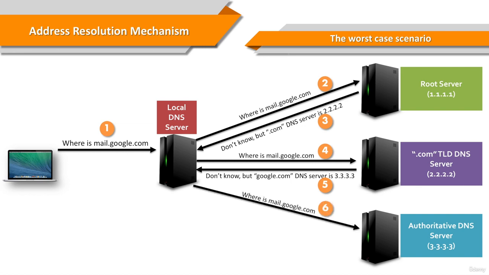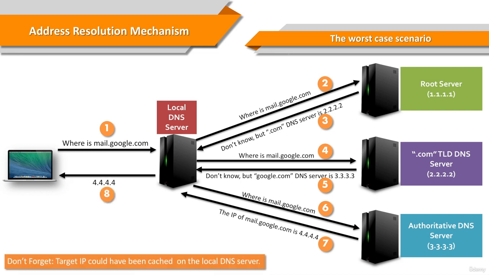This is the final step of address resolution. The recursive resolver sends the query to the domain's name server. This DNS server knows the IP address for the full domain, mail.google.com, and that answer is returned to the recursive resolver.